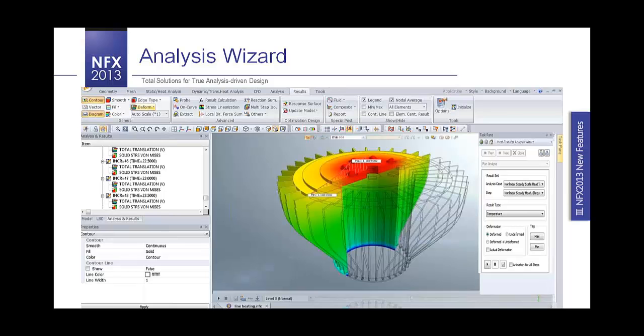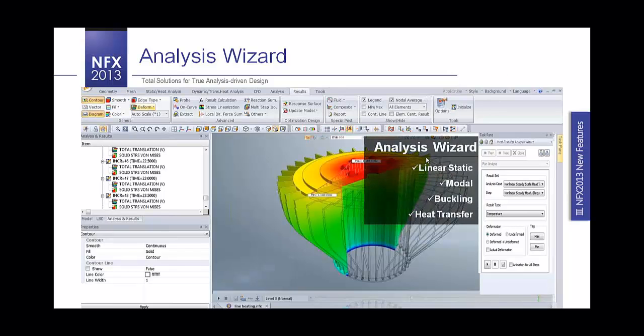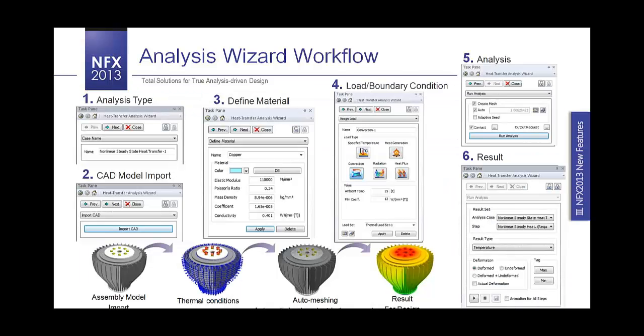So by clicking in this window and following the process, you can very quickly perform a linear static model, buckling, or heat transfer. So for the moment, only these 4 types of analysis are provided for the wizard, but it's sufficient for the new users.